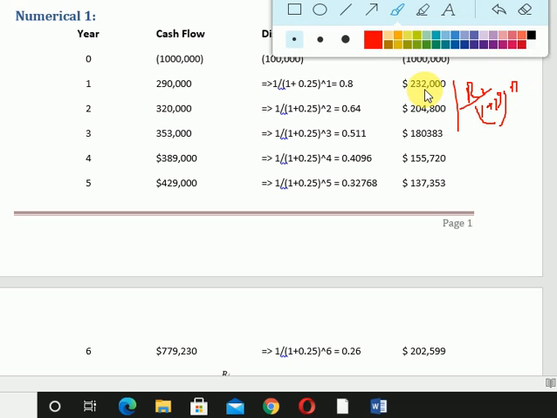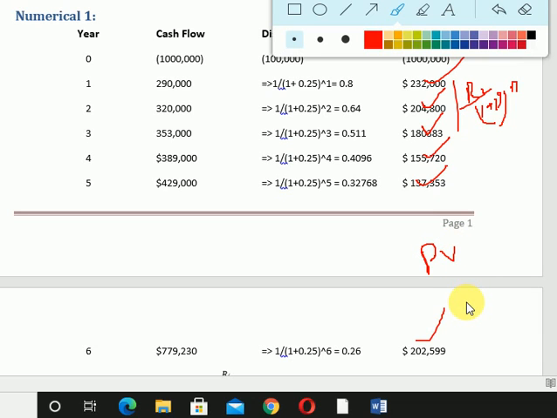So for each and every year we calculate the present value or discounted cash inflow. This is the discounted cash inflow of the 4th year, this is of the 5th year, and this is of the 6th year. These are also called present value.